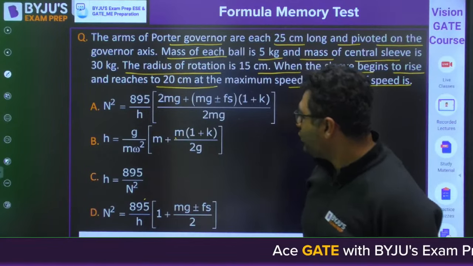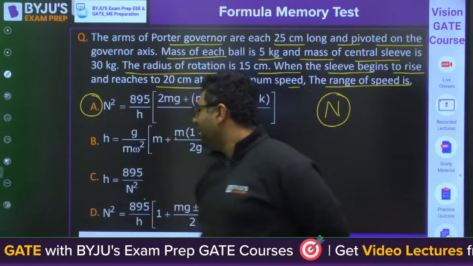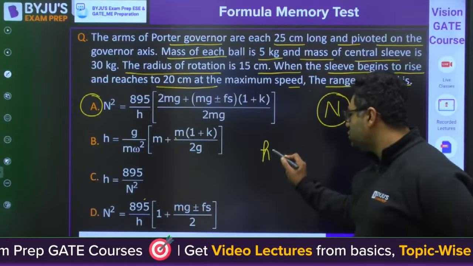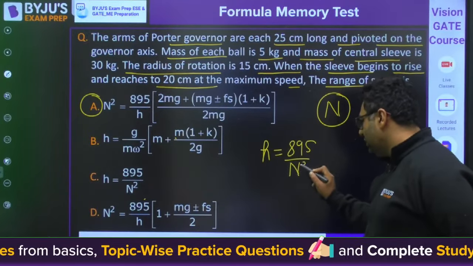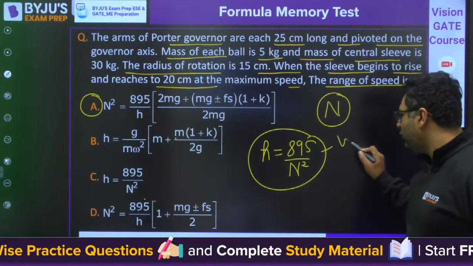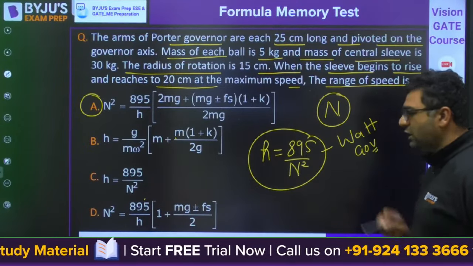I would like to tell you the right answer for this is A. If you see h is equal to 895 by N square, this formula is given for what governor?